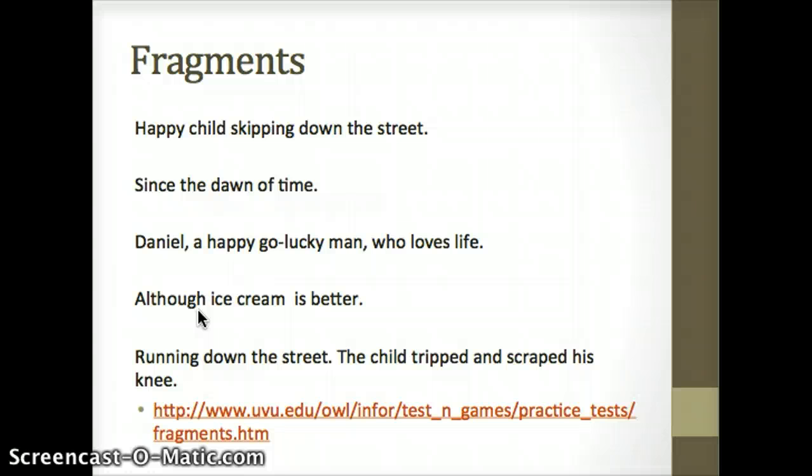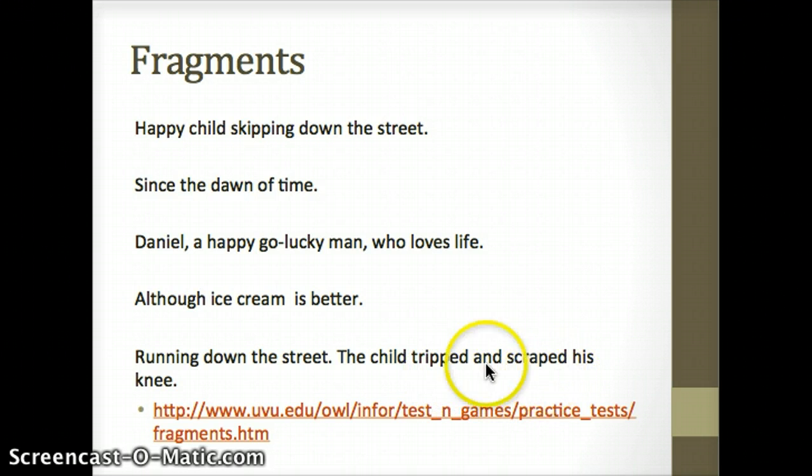And then the last one, running down the street, the child tripped and scraped his knee. So the second part of this two-part thought here, the child tripped and scraped his knee, that would be a complete thought. We have the child, which is our subject, and then we have two predicates, a compound predicate, tripped and scraped his knee.